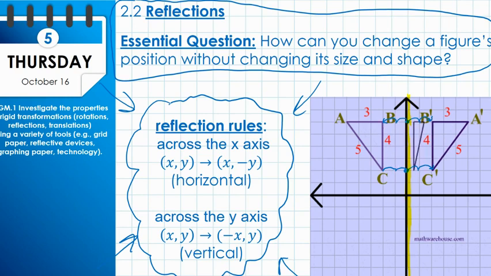A prime, A is 1, 2, 3, 4, 5 away, and then when we look at A prime, 1, 2, 3, 4, 5. So all of our vertices are the same distance away from the line of reflection. Those are the things that we're looking for when we're determining if something is a reflection or not. We look for mirror images.